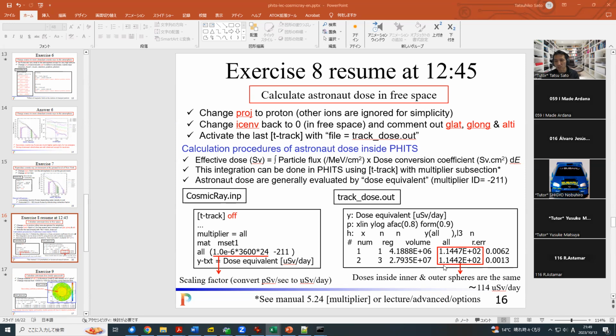And these are the dose equivalent in microsievert per day. So roughly 140 microsievert per day, both inside and outside of the target, because currently everything is void.